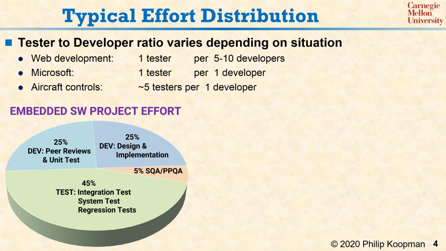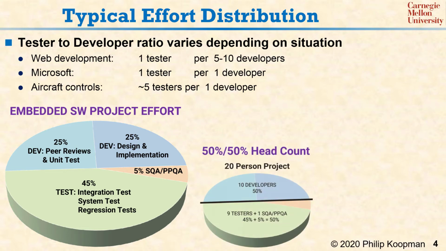From a headcount point of view, let's consider a 20-person project. In this example, the headcount breakdown works out to be 10 developers, 9 testers, and 1 SQA/PPQA support person. That's about half developer staffing and half validation staffing, depending on how you like to count things.